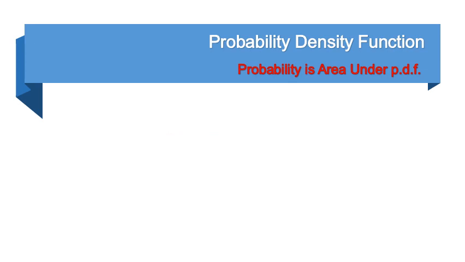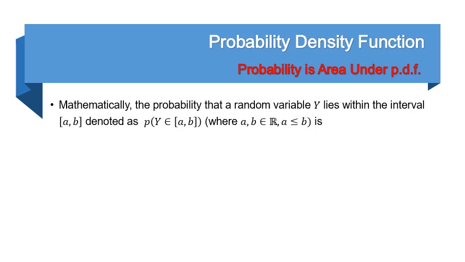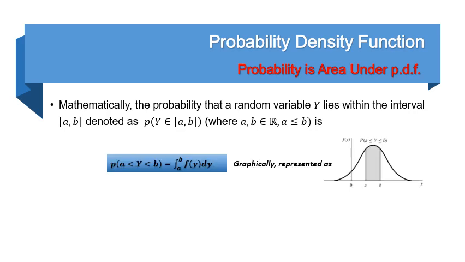So again here, as we continue, we say that our y works in an interval a and b, so y works between a and b, and in order to calculate its probability, the probability that y is between the value a and the value b, b is greater than a, is the integration under the probability density function f of y dy from a to b.